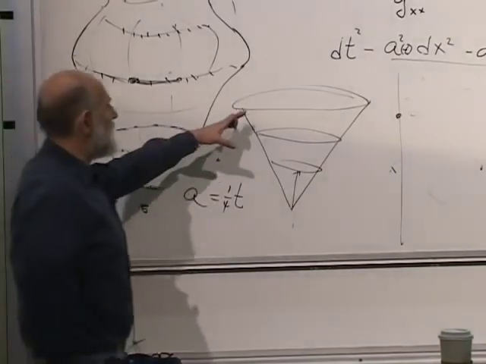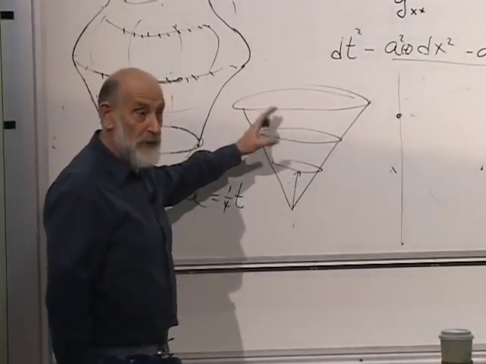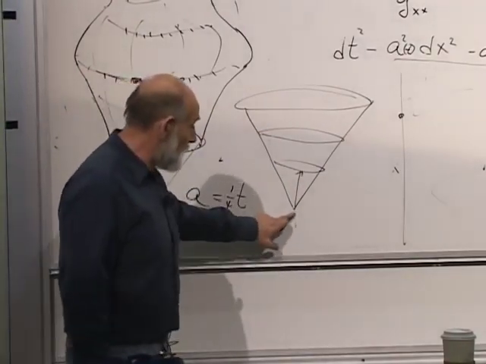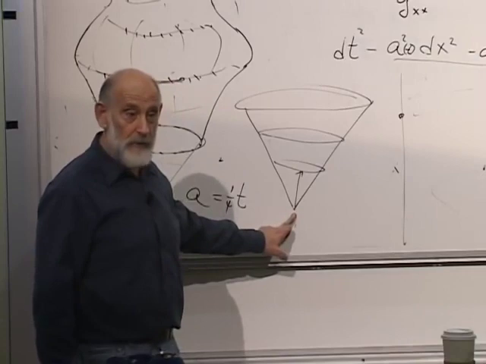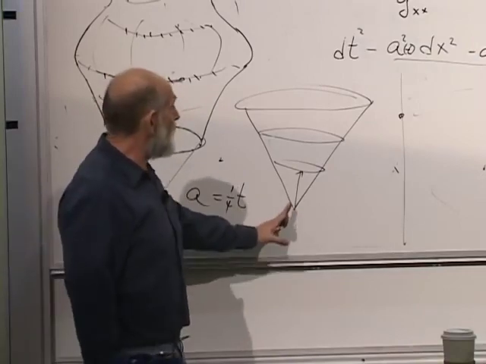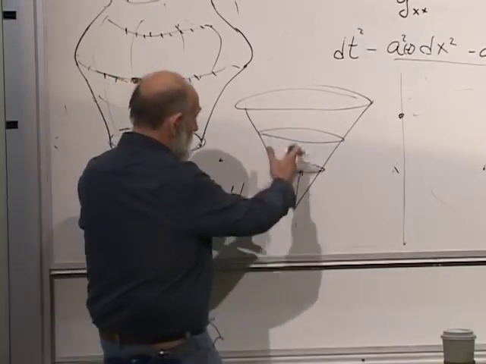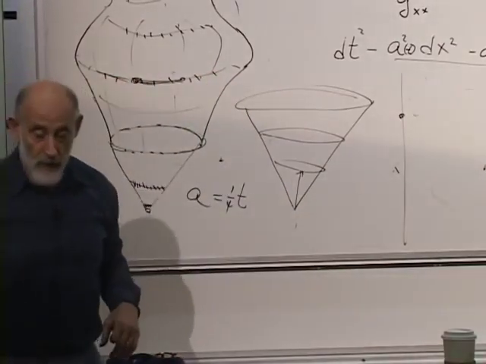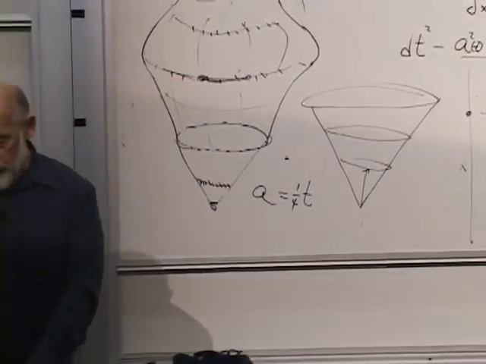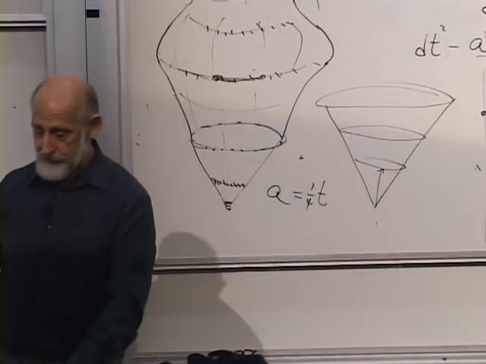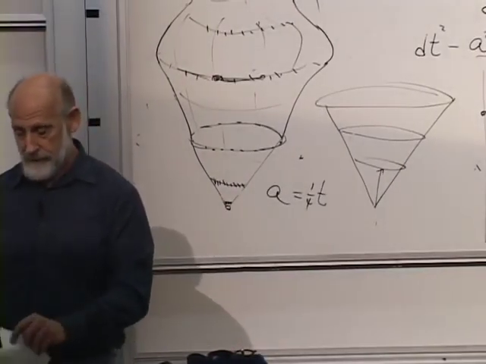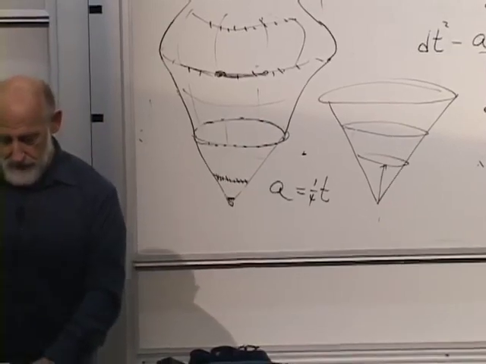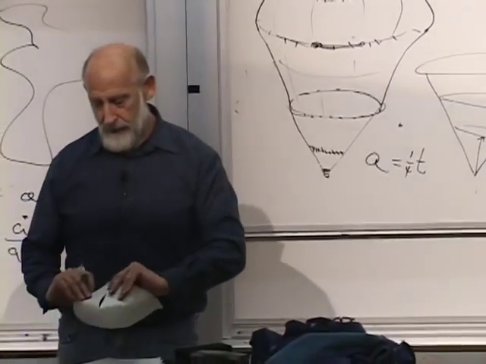Is this or is this not flat? As a space-time, it's not flat at the bottom, that's for sure. It's got a conical singularity there. But cones, if you slice them and open them up, are flat. All right, so a cone is flat. You make a cone out of a flat sheet of paper, it's the same deal as we studied last time.